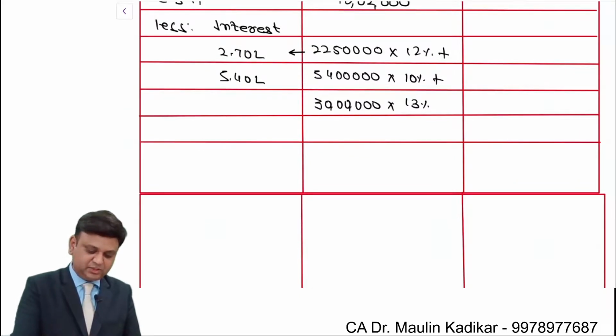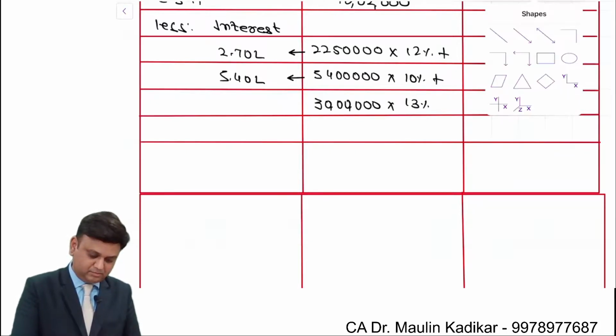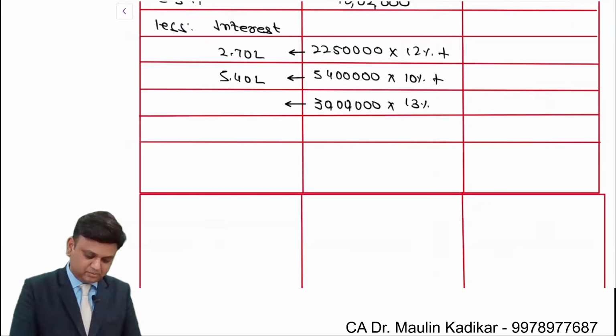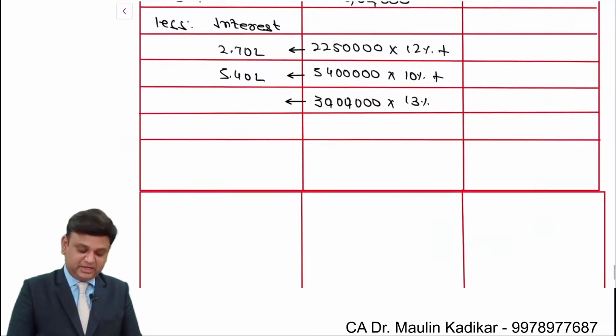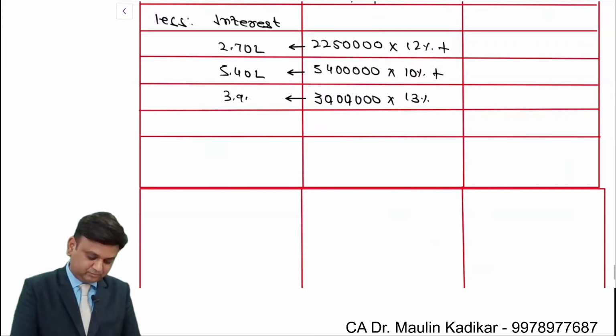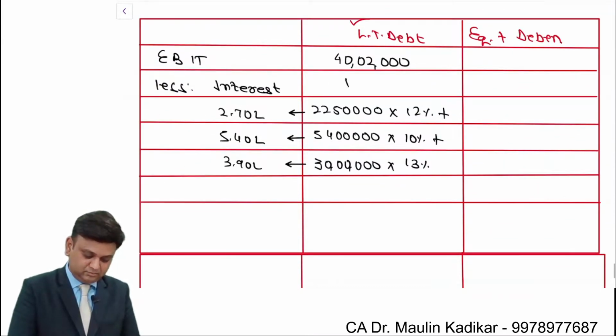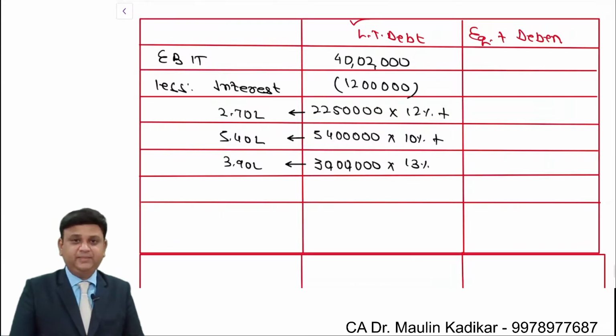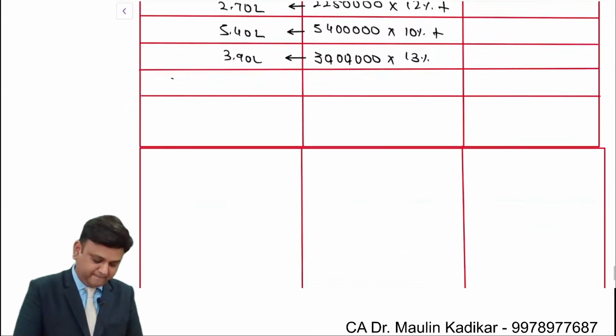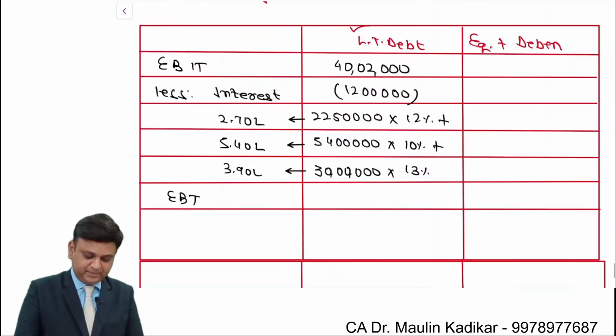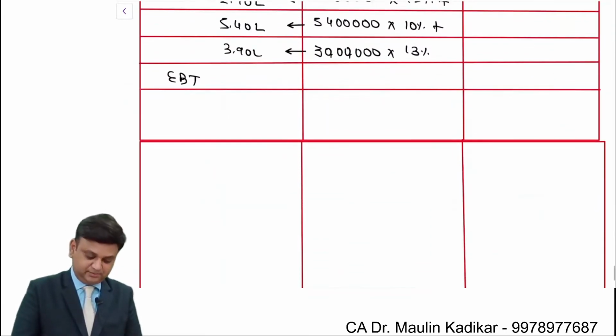And 30 lakhs into 13% comes to 3,90,000. So 2.7 plus 5.4 plus 3.9 comes to 12 lakhs. EBIT minus interest is EBT. It is 28 lakh 2000.